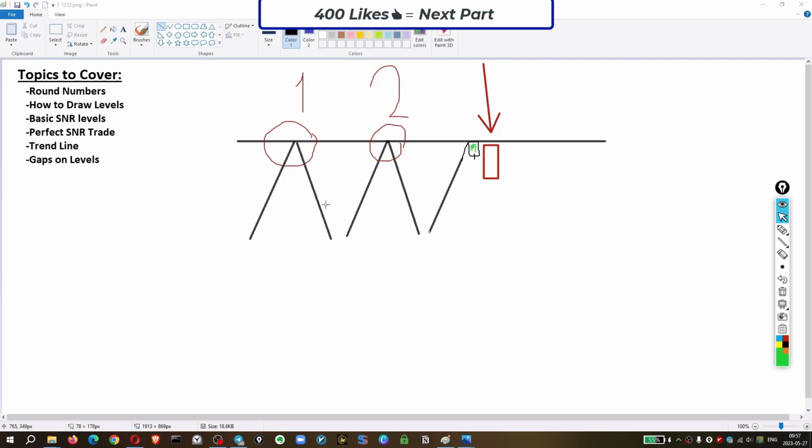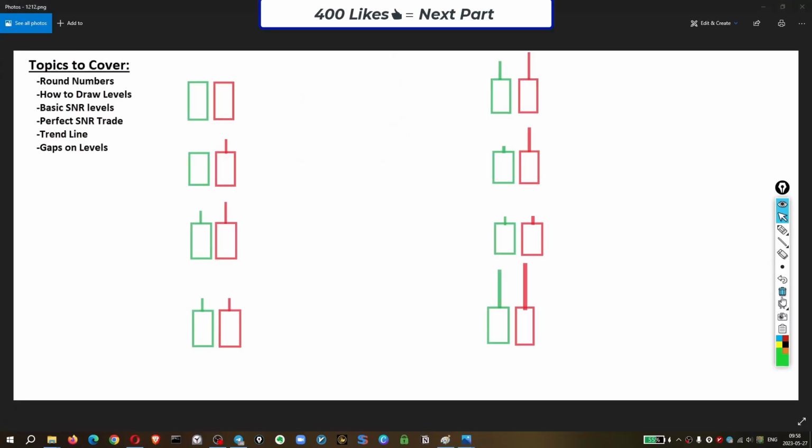So this is how you know how to draw the levels. And I've also talked about how to draw the buyers' and sellers' entry. This is the same. So let's go into how to draw the line. Let's say this is buyers coming to this area, and then sellers came back.